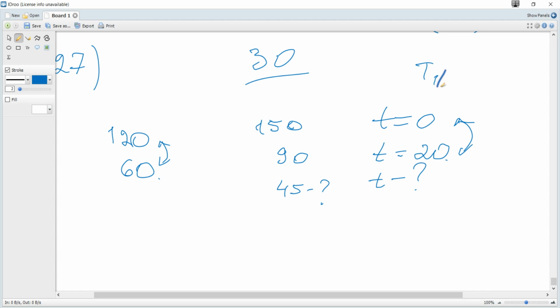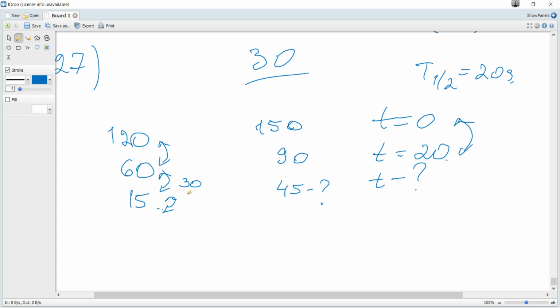Half-life is 20 seconds. And if he measures 45 minus 30, it's 15. So one additional half-life, it will be 30, and then again 15.